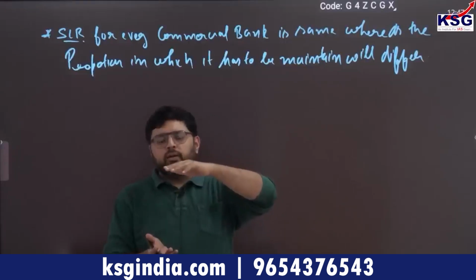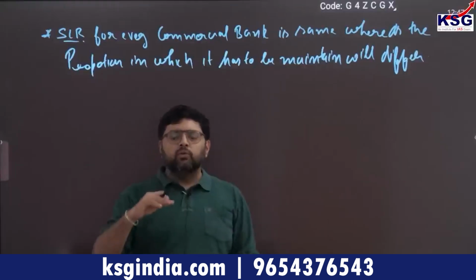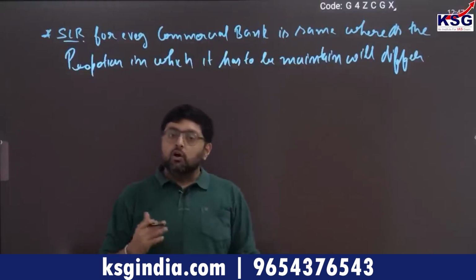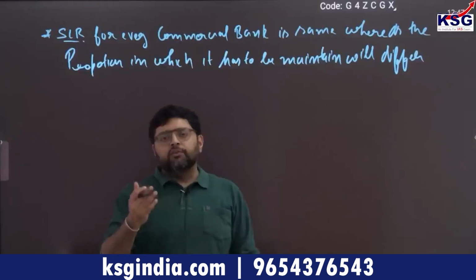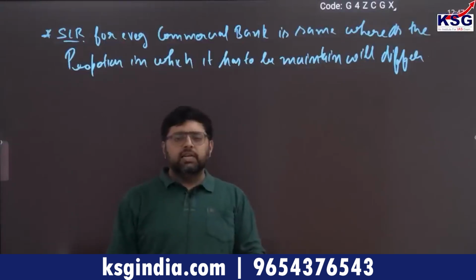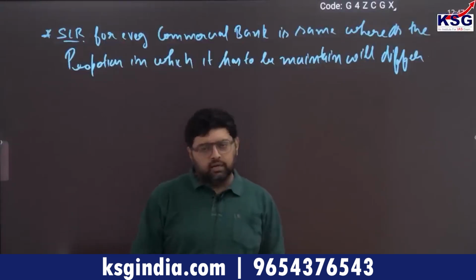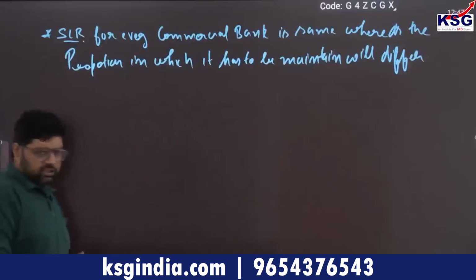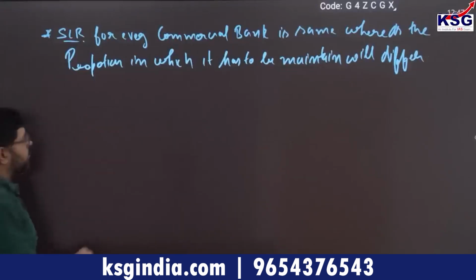For example, it can be possible that you equally divide it in all these three forms, or it can be like 50% you maintain in RBI approved securities, the rest 25% gold and cash. So it depends. This proportion will differ for every bank.